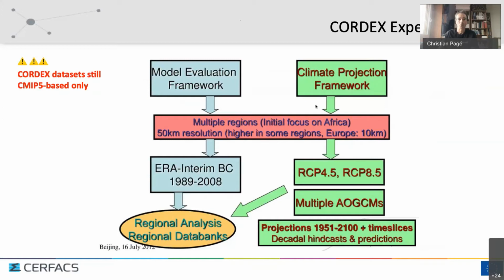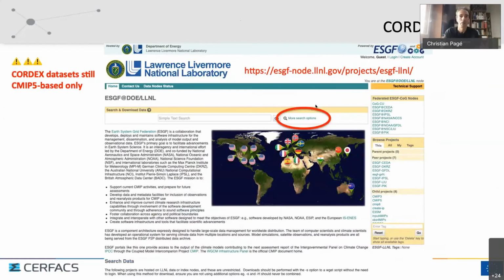So in the end, we have projections from 1950 to 2100. And this gives us access to higher resolution regional climate simulations. They are available through the data nodes themselves, because all those Cordex datasets are stored in the ESGF data nodes, so you can access them with more search options in the data node page.